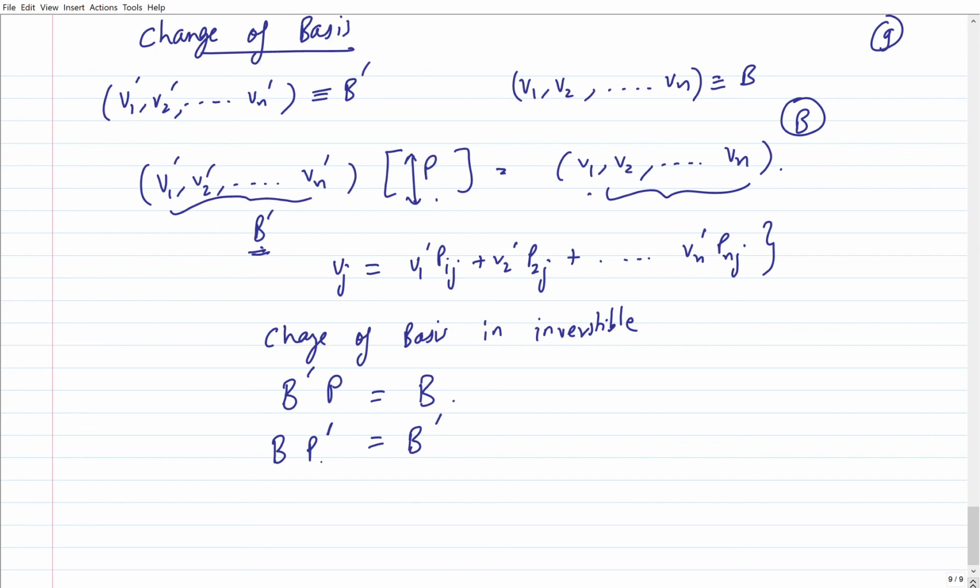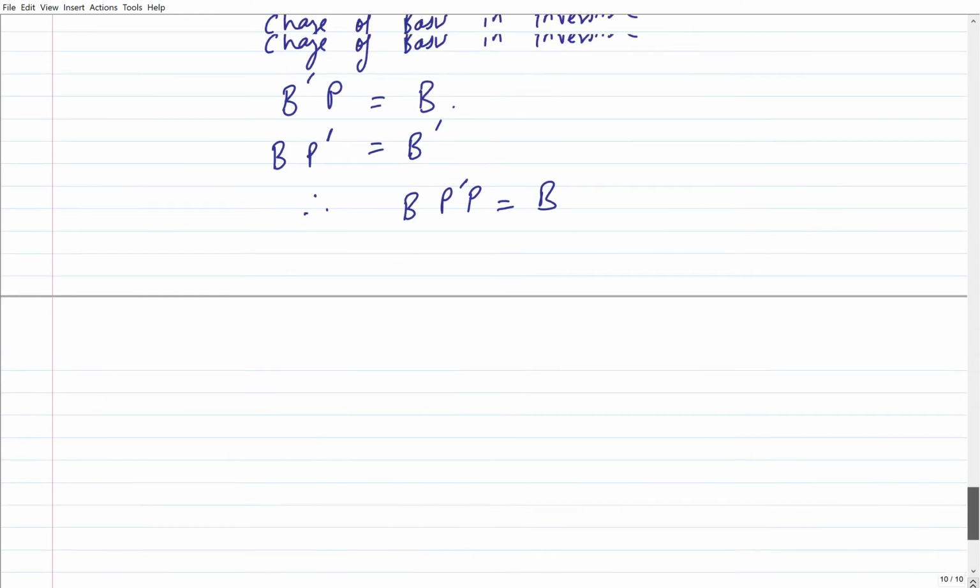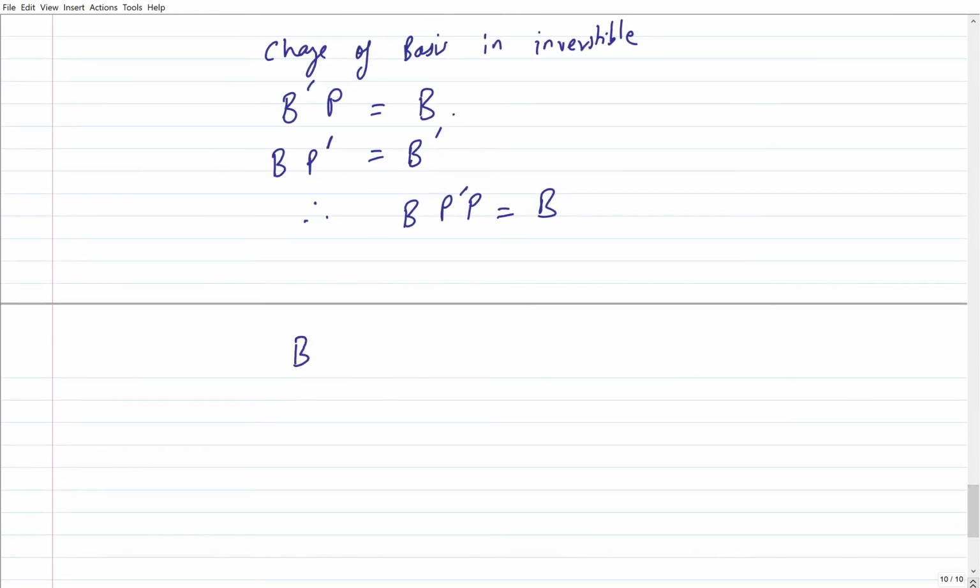Well, that's just interchanging. So what do I get? I plug the value of one into the other, and I get B P prime P is B again. So now I have B P prime P equals B, which gives me the same matrix again.